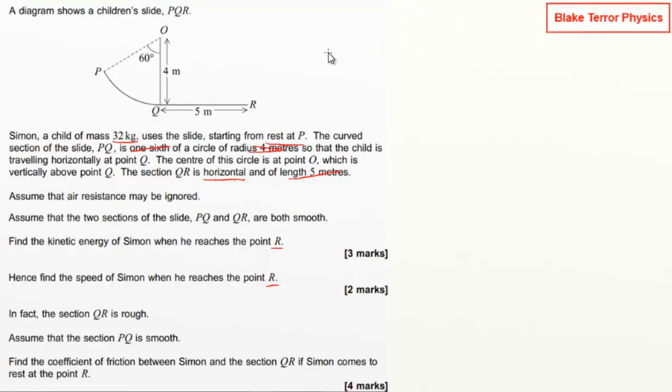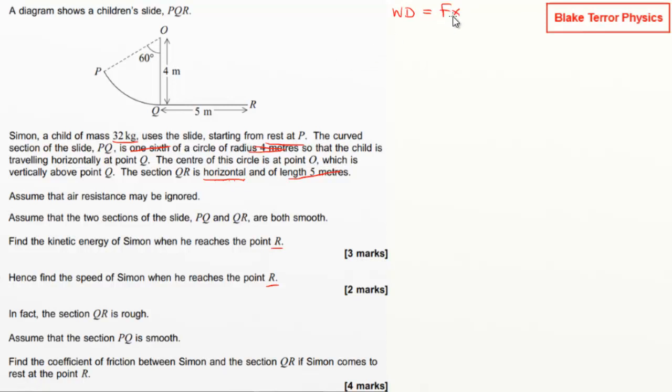So from a work done point of view, we could say, okay, the work done due to gravity is going to be the force. So that's the force due to gravity is the weight. So our weight times the distance it is moved through.